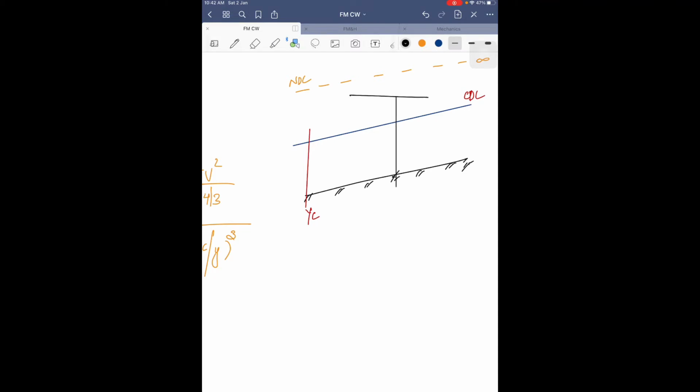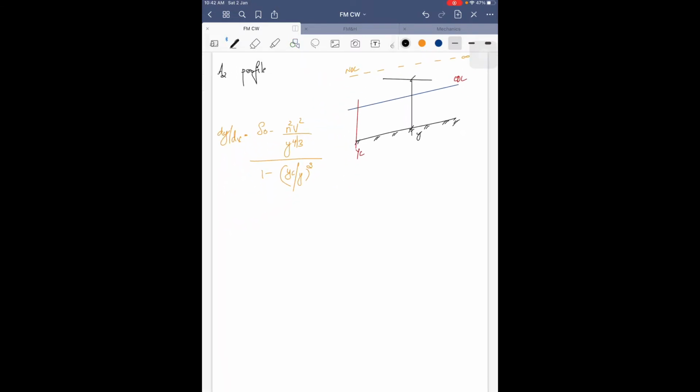So the condition will be y greater than yc. Since y is greater than yc, we can say that the denominator part will be positive.